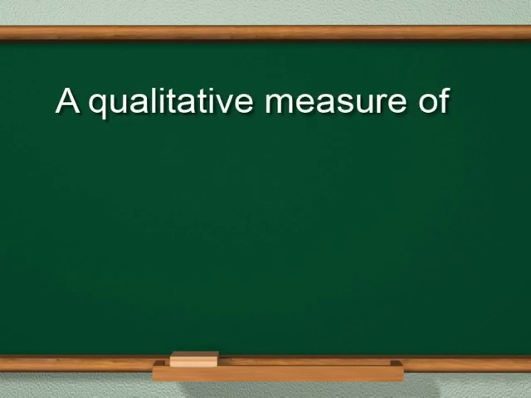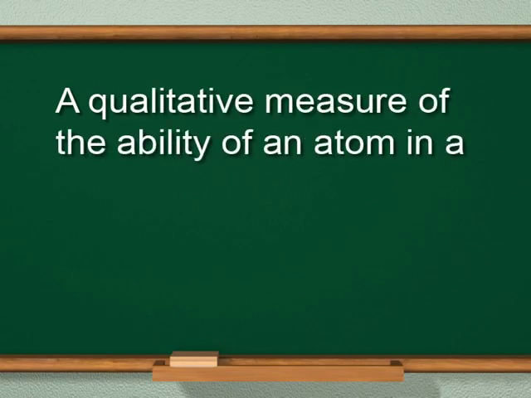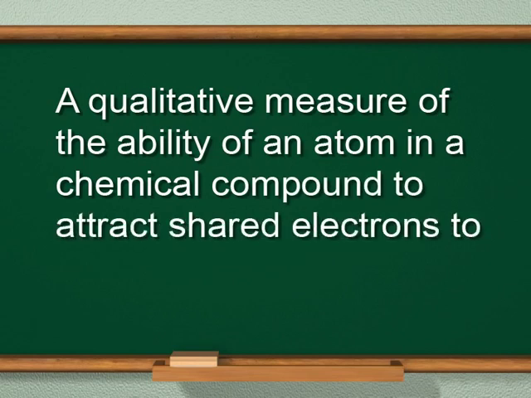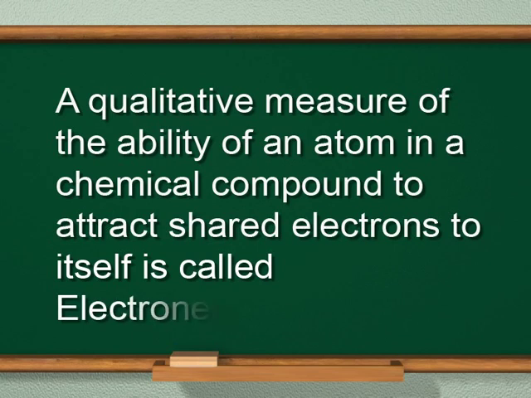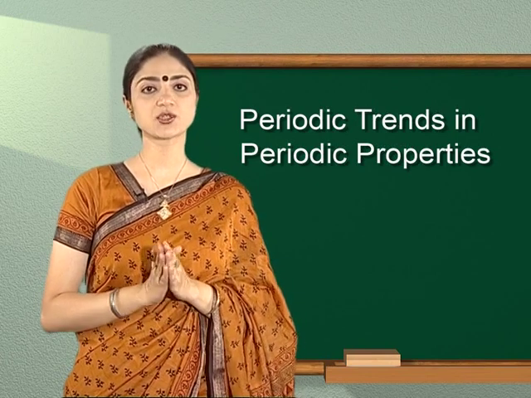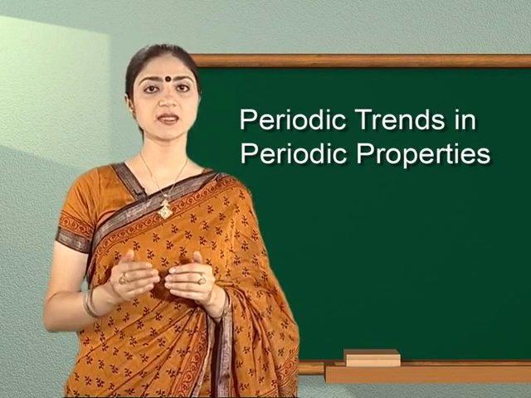Electronegativity: a qualitative measure of the ability of an atom in a chemical compound to attract shared electrons to itself is called electronegativity. Unlike ionization enthalpy and electron gain enthalpy, it is not a measurable quantity.